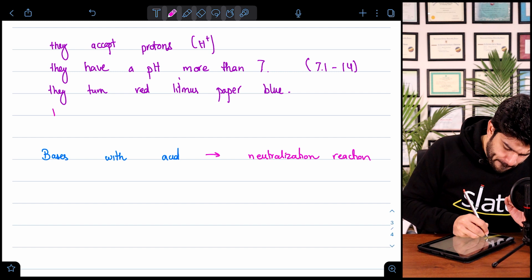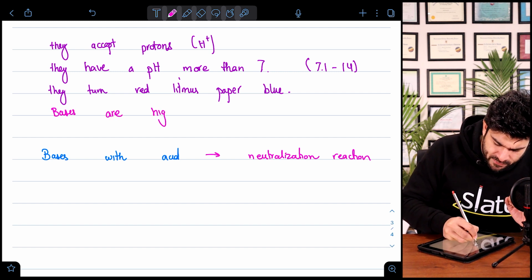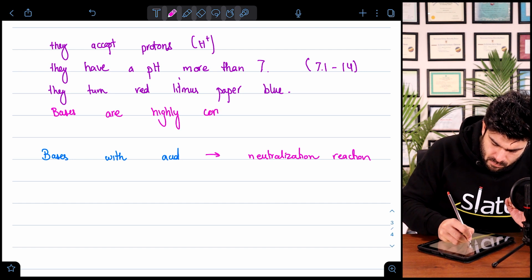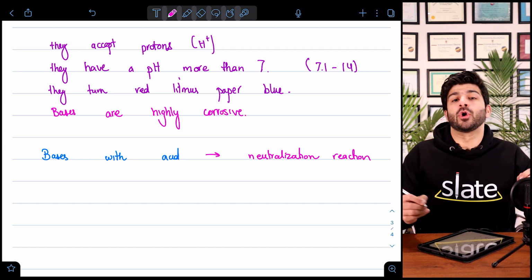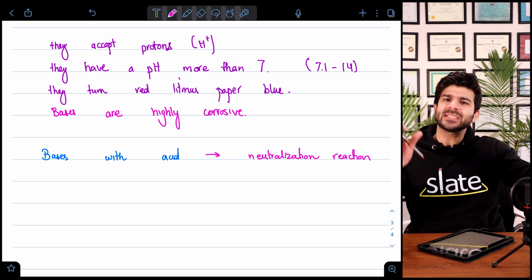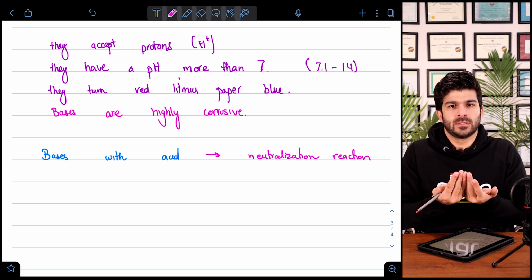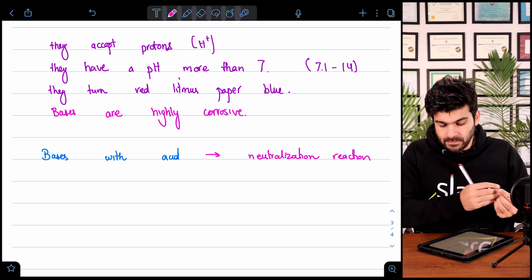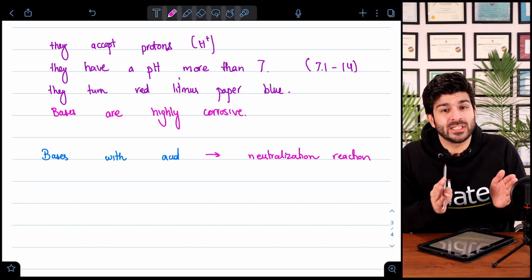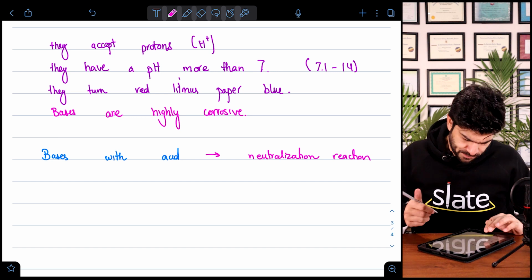Because bases are highly corrosive, just like acid. They can also damage your skin, they can also damage your eyes. So acids are corrosive, bases are corrosive. But when we mix them together, that neutralizes it. That neutralizes the pH as well. So a base with an acid is always a neutralization reaction.